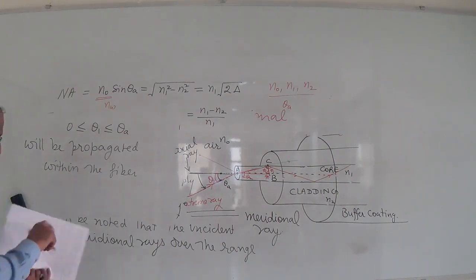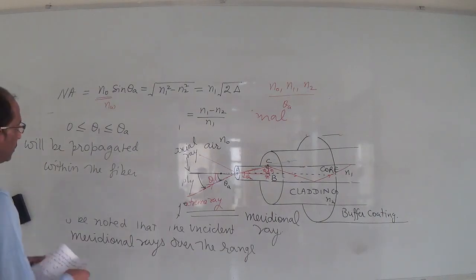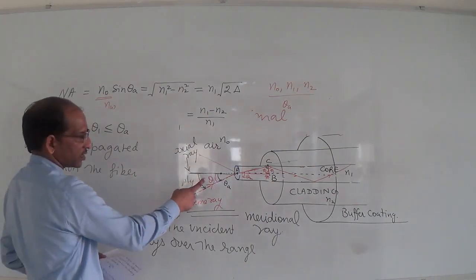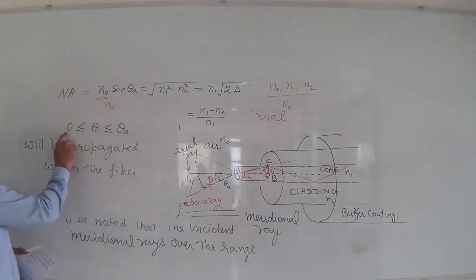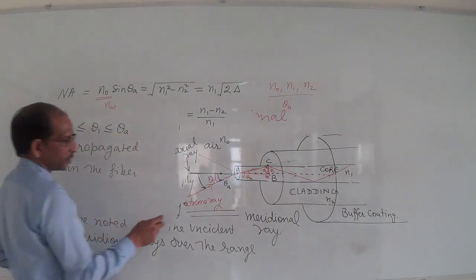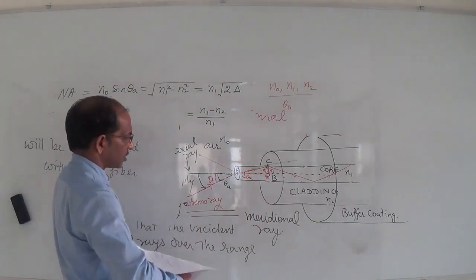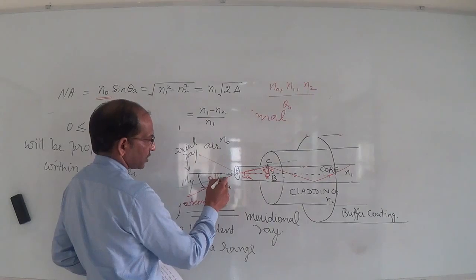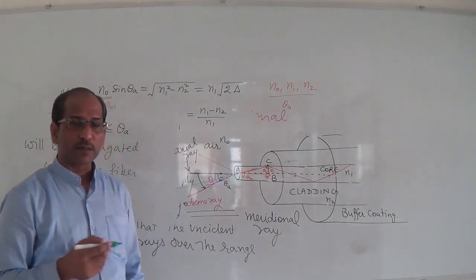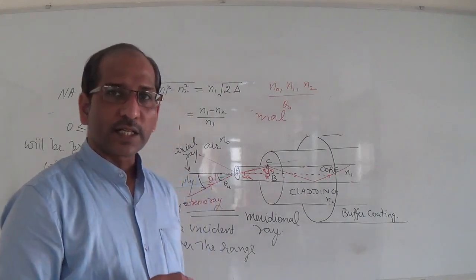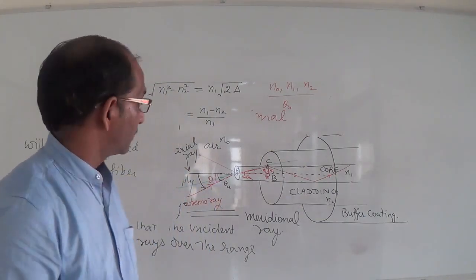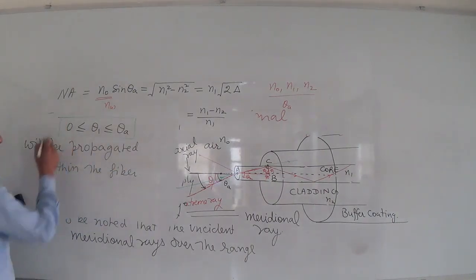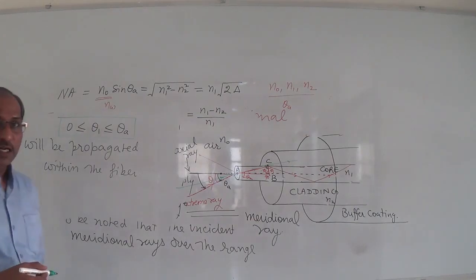If a ray satisfies this particular condition, if theta 1, the incident angle, lies between 0 and the acceptance angle, then a light ray which enters through this range is 100% sure to be reflected into the core and will follow multiple reflections. So the important point is this one for the incident light ray.